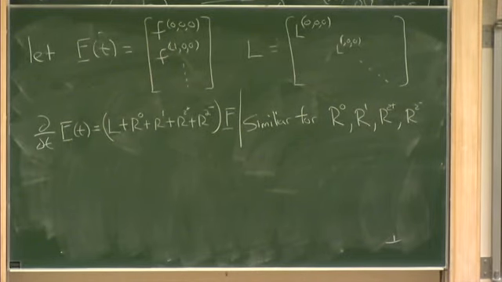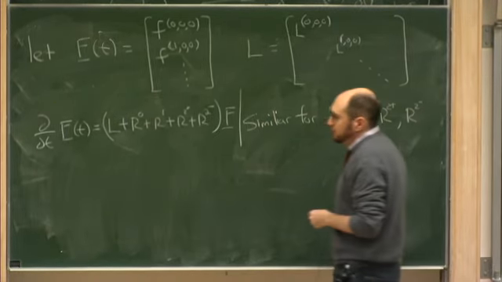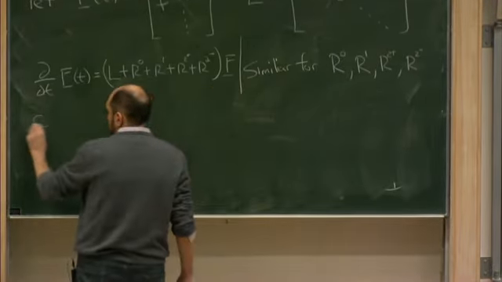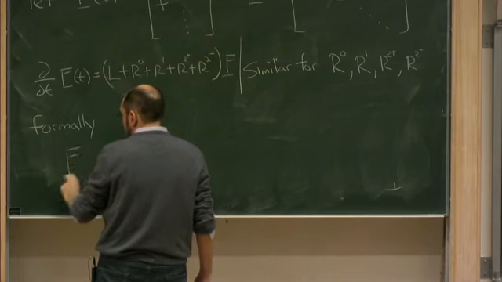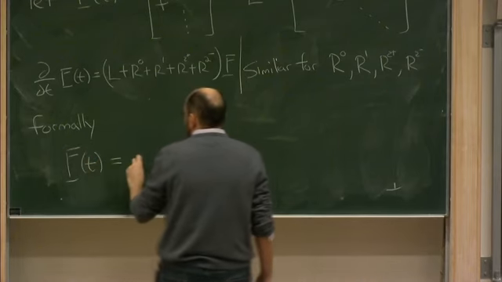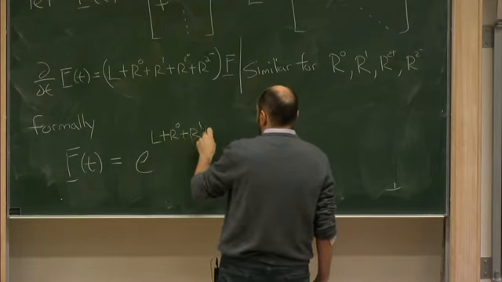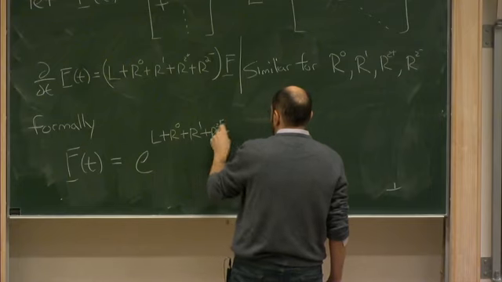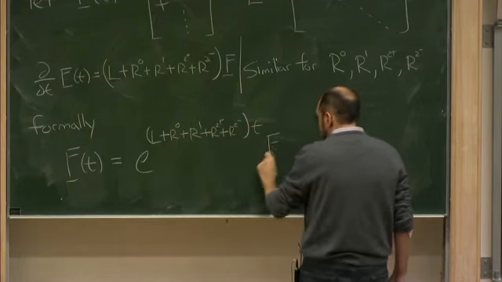Okay, well, everyone formally knows how to solve that, right? The solution is just e to the thing in brackets. So formally, f of t should just be e to the L plus R0 plus R1 plus R2 plus R2 minus t, applied to whatever the initial state is.